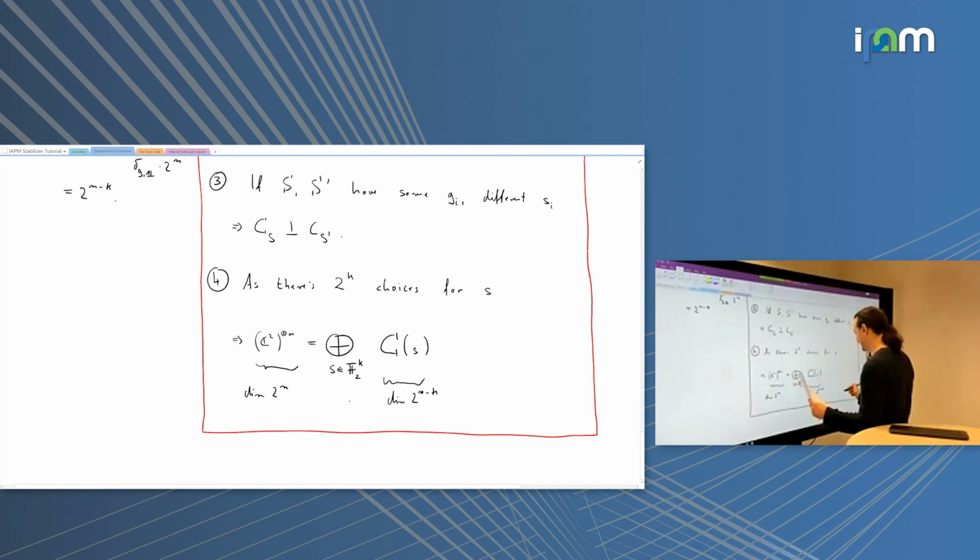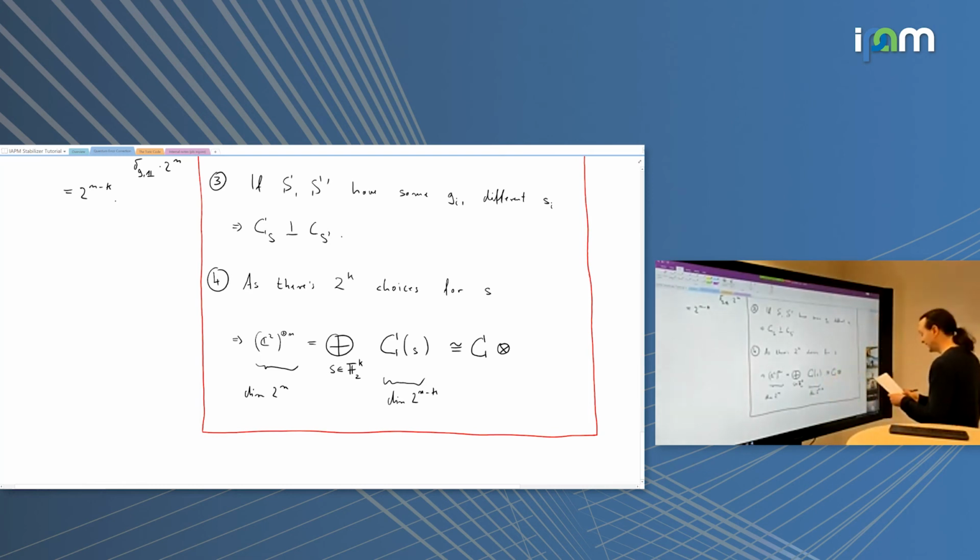And now, and this is really the last time I need your attention, I can write this a bit differently. Put differently, this means that our original tensor space is equivalent to a different tensor product. Namely, I take the code, and I have many copies of the code, and which copy I have is labeled by a bit string of length k.